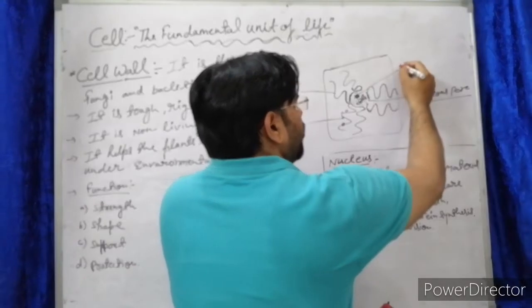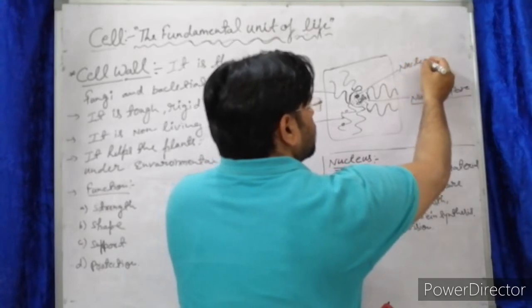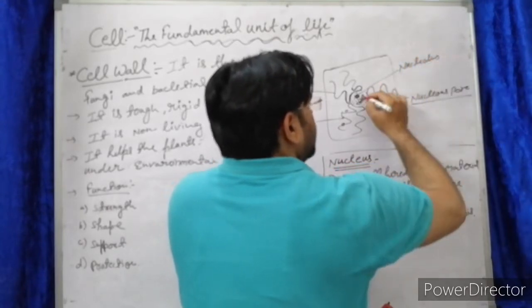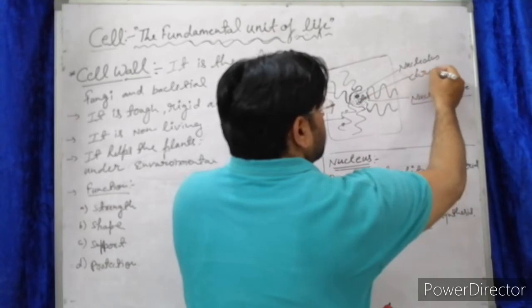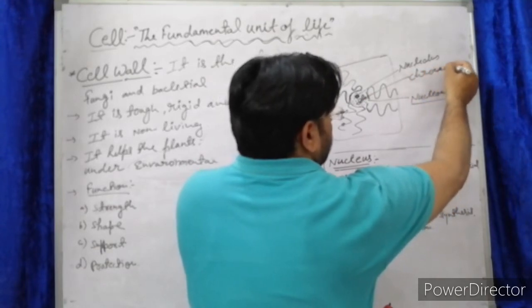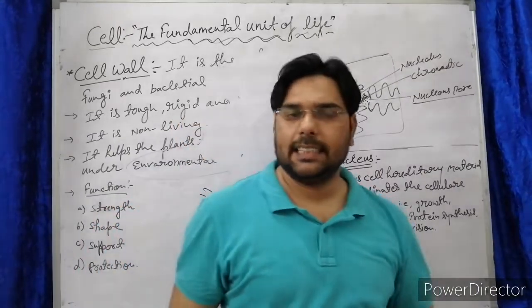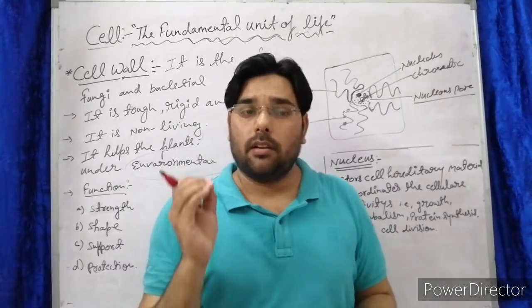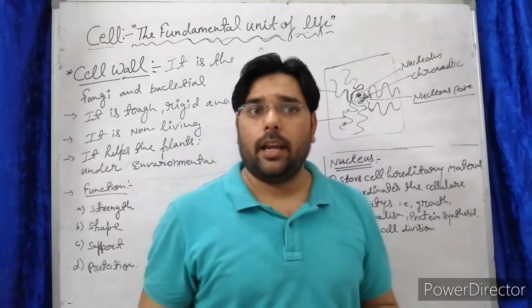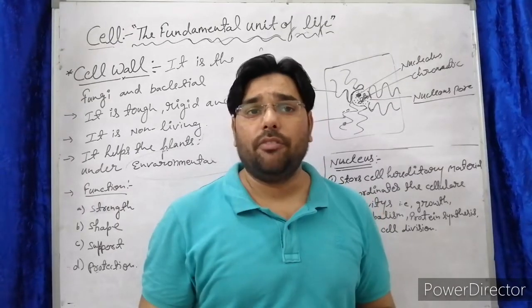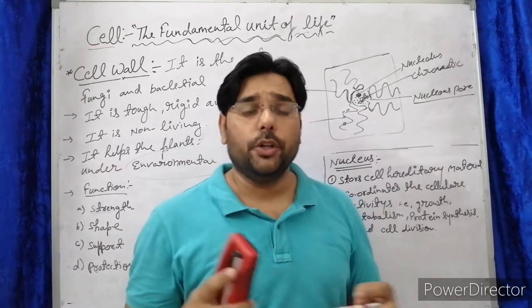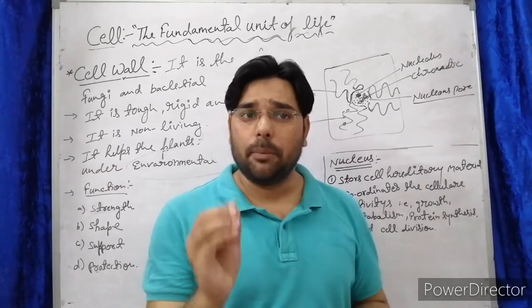What is the function of the nucleolus and chromatin thread? The function of the nucleolus is to synthesize protein, ribosomal RNA and the subunits of ribosomes. So the nucleolus synthesizes the subunits.